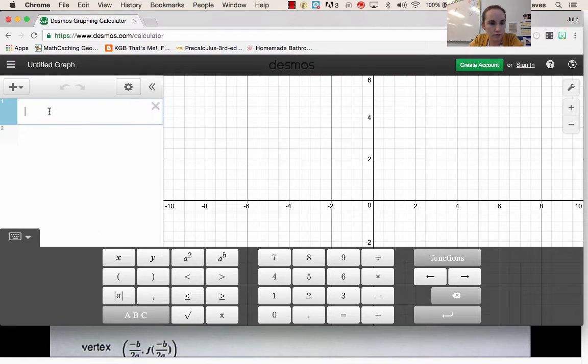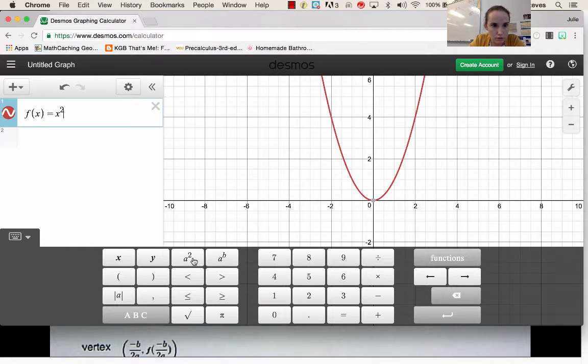Now you'll put your function in here, so I'm going to type in f of x, f parentheses x parentheses equals, and you can go down here to get the squared part. You hit x, and then you can do that, and it'll make it squared. And this is the picture that you see of the graph on your notes page.